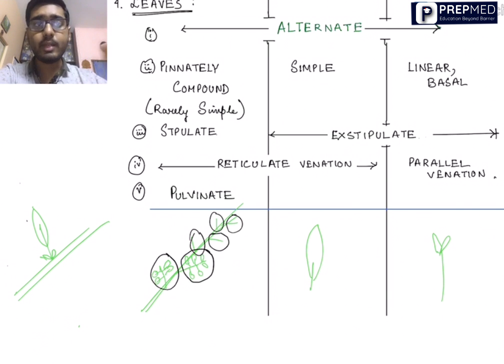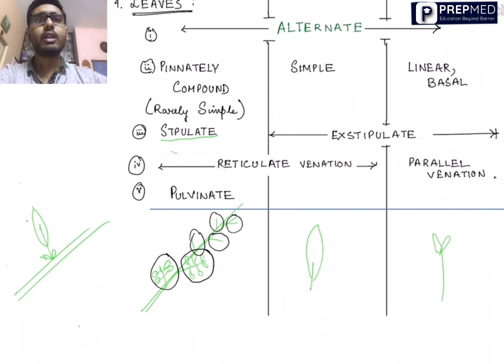If stipules are present, then they are called stipulate. Stipulate are Fabaceae, and if stipules are absent, they are called exstipulate, which is Solanaceae and Liliaceae.